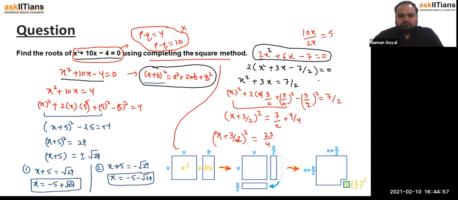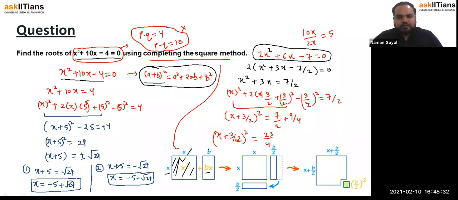Now let me tell you what this is. See, there is a square whose side is x and x. So the area of that square is x square. If we add a rectangle whose one side is b and second side is x, so the area is bx. How do we add this?